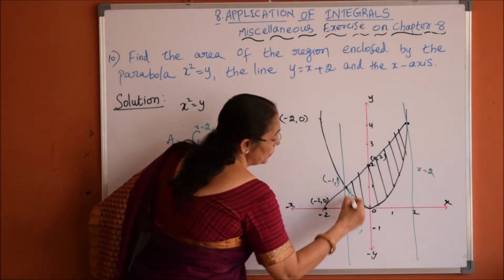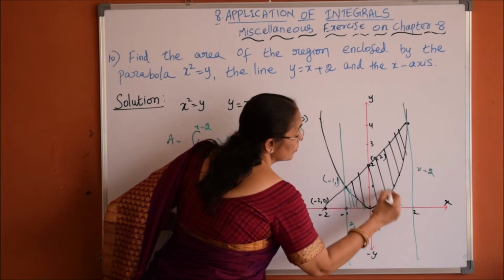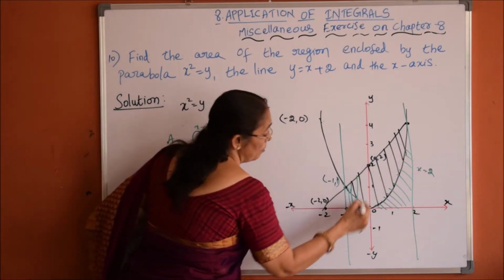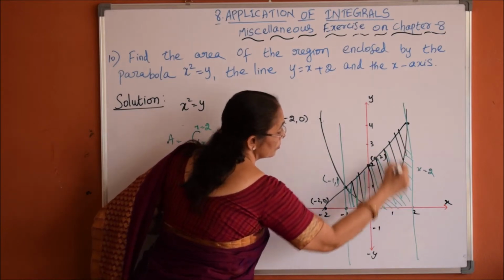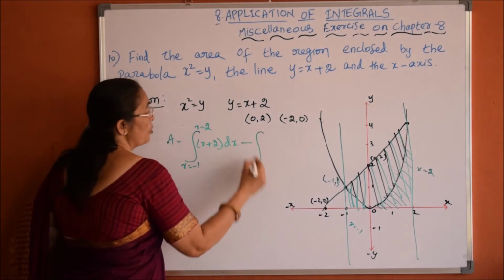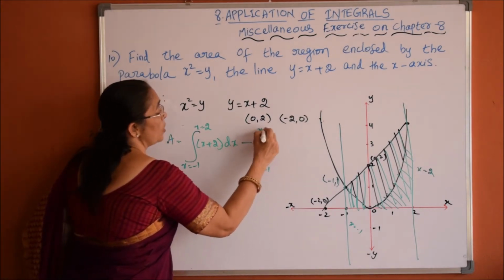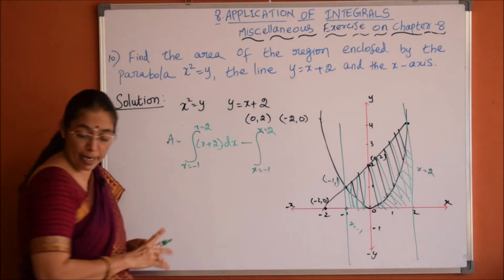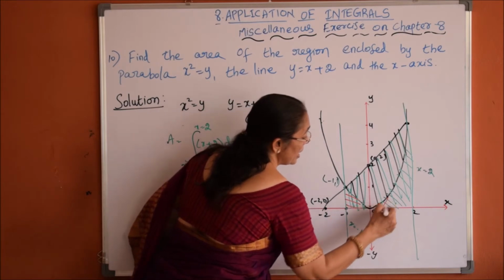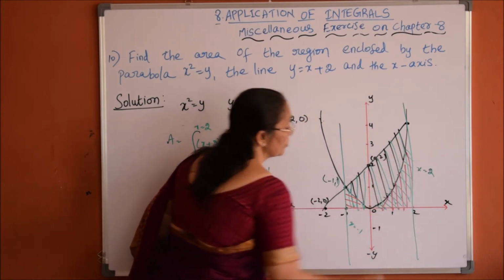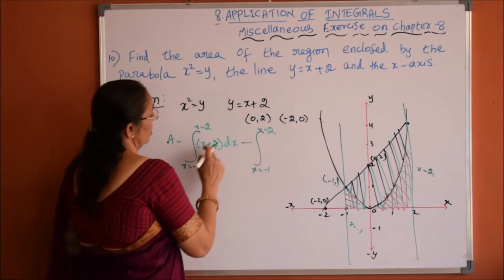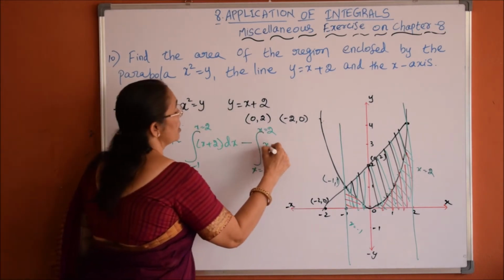This will give the full, complete area, minus the integration from x equals minus 1 to x equals 2 of the area covered by the parabola between these two lines with the x axis. This area we are removing. This is nothing but straight line minus parabola, x squared dx.